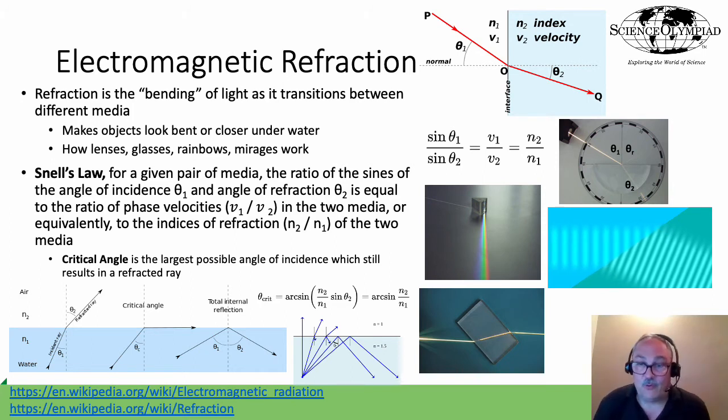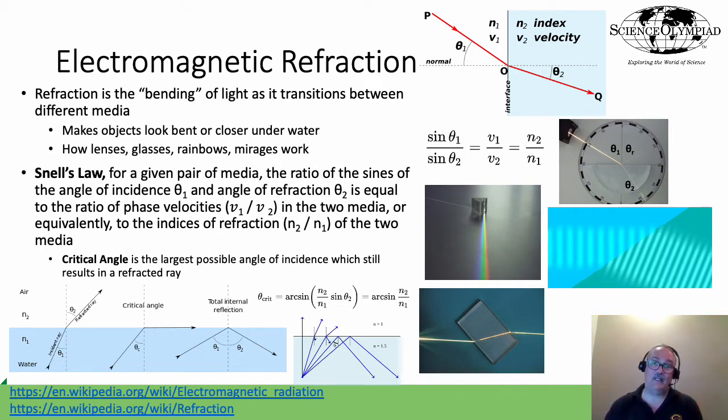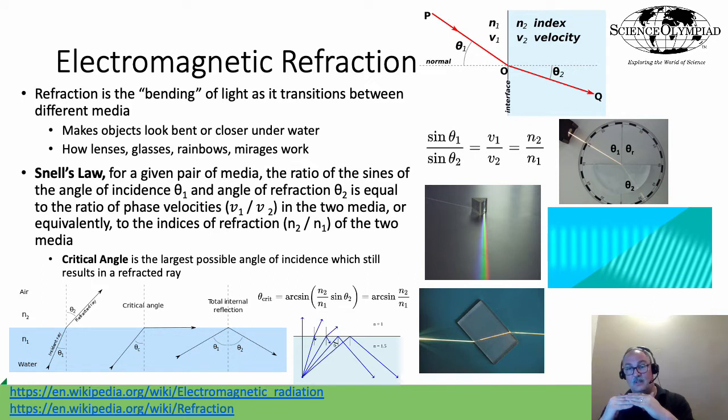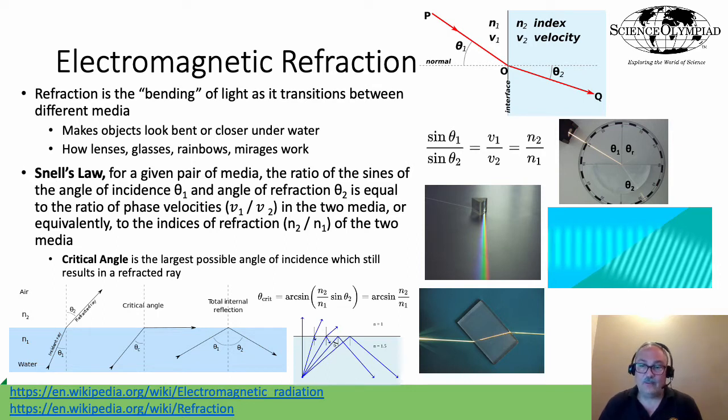We also have refraction. What refraction is, it's sometimes referred to as the bending of light. Remember I said that the speed of light is constant in any one material. But if I have two materials with different indexes of refraction, they're going to have different speeds of light. That means when the light goes through, different wavelengths will have different effects.